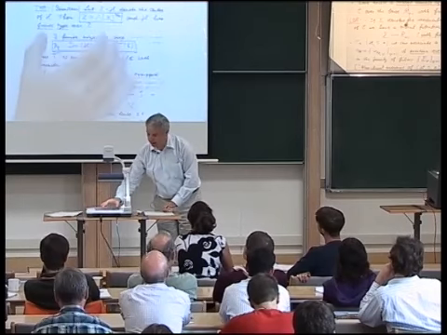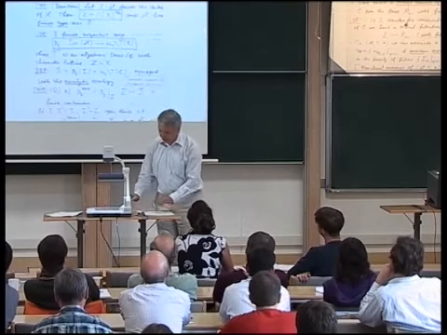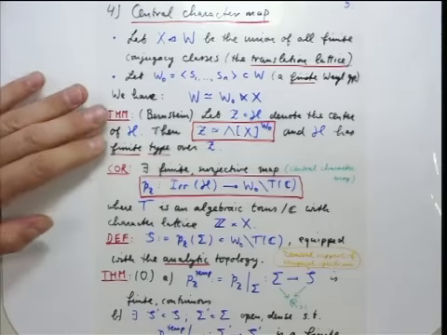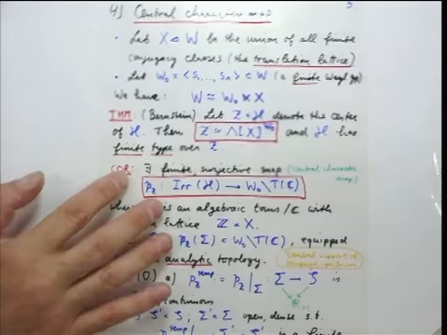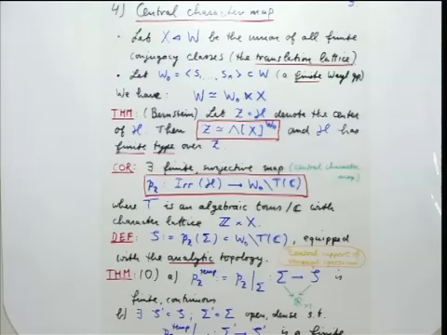Another ingredient that is really important to understand something about the representation theory of affine Hecke algebras is the central character map. So we take the subgroup of the affine Weil group consisting of all those elements which have only finitely many conjugates.